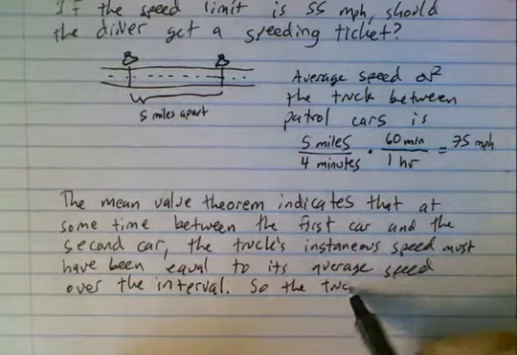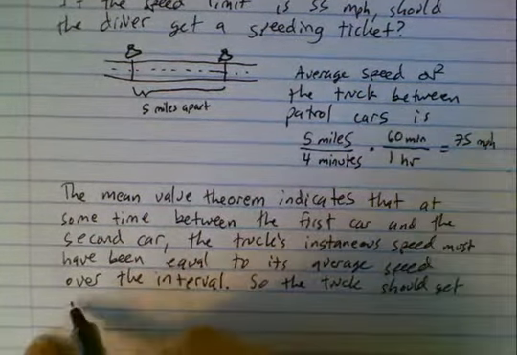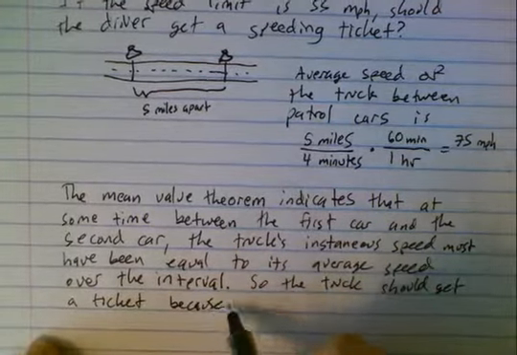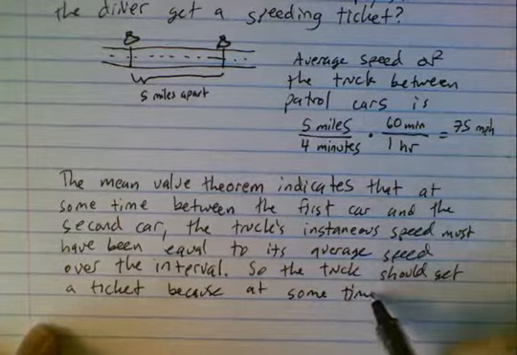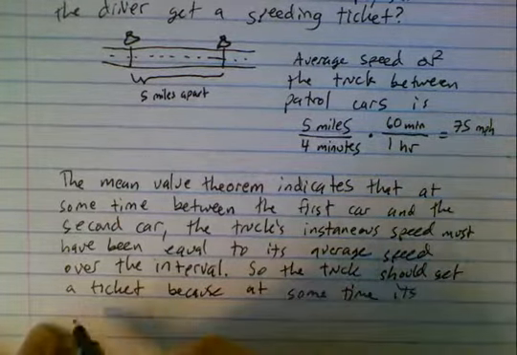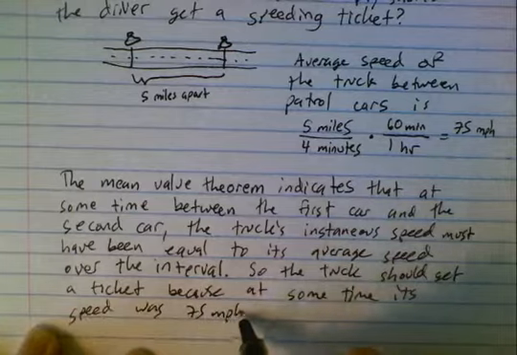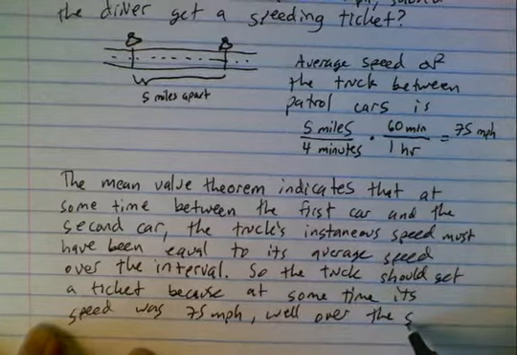So the truck should get a ticket because at some time its speed was 75 miles per hour, which is well over the speed limit.